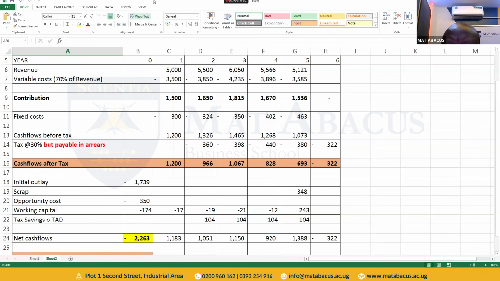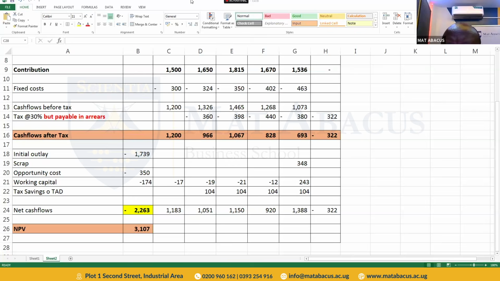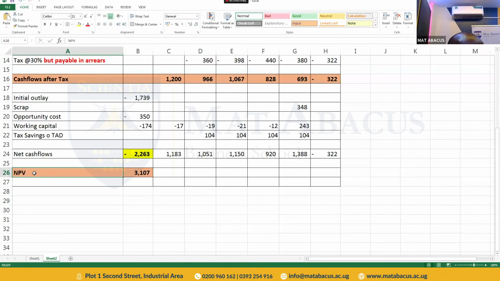Okay, so I made an error here. I put NPV. We haven't gotten NPV. What we have are net cash flows. This is not right. The NPV is gotten by discounting the cash flows. So we're supposed to bring the discounting factor, which must be at the cost of capital.